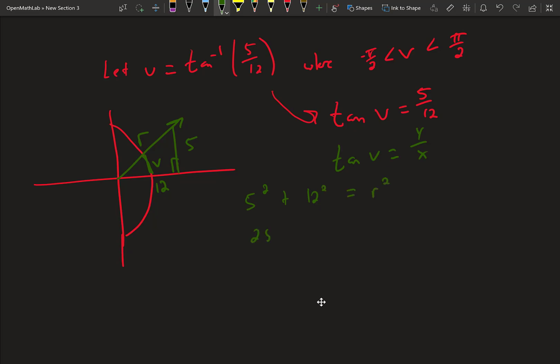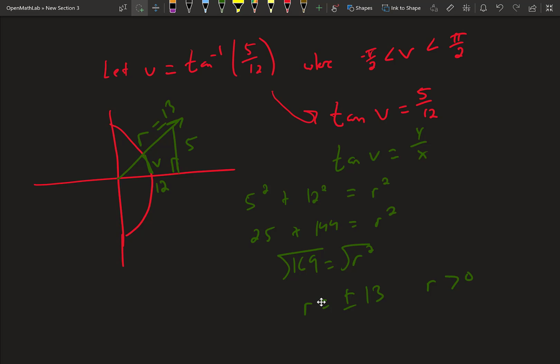So this is 25 plus 144 equals r squared. 25 plus 144 is what, 169 equals r squared. So if I take the square root of both sides, this leaves me with r equals plus minus 13, right? And r is understood to be positive in this case, right? So r is just 13.